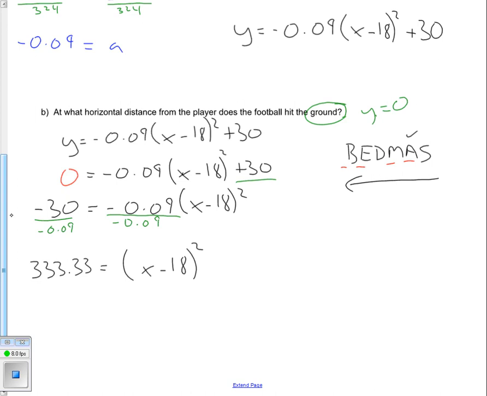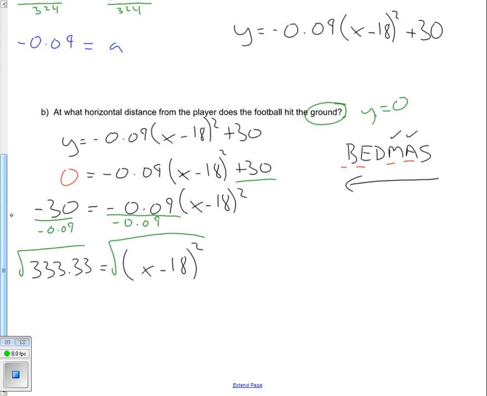Okay, so now I've dealt with my multiplication. So now I've got to get rid of this exponent. So on the right-hand side, I've got a bracket that's all being squared. So the opposite operation of squaring something is doing the square root. So I'm going to square root both sides.